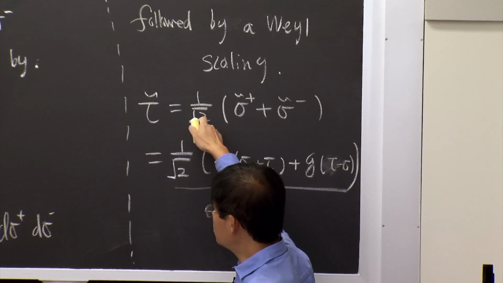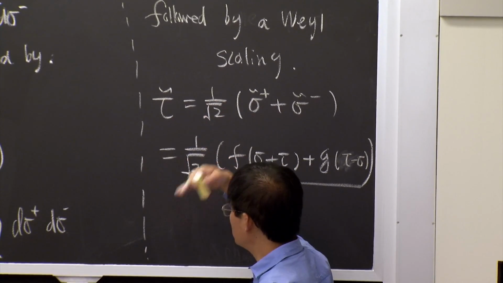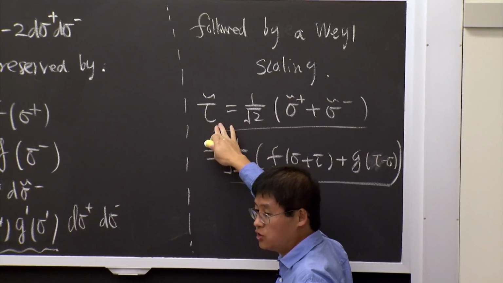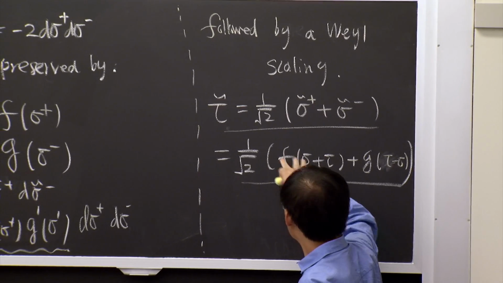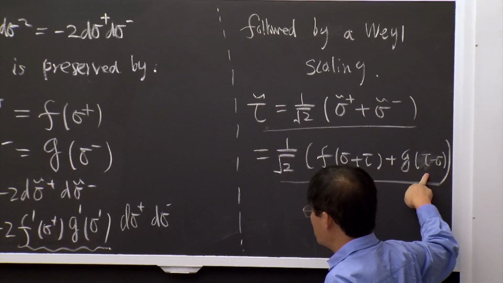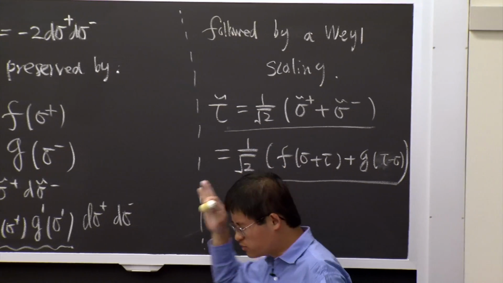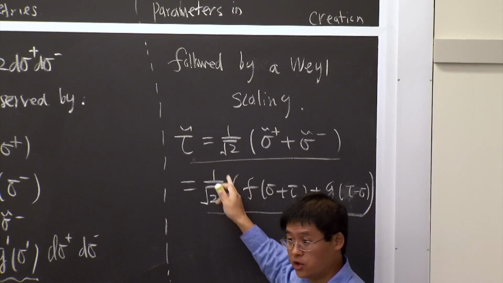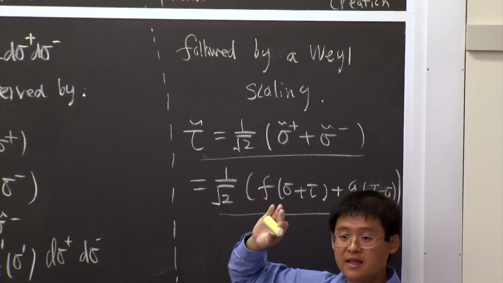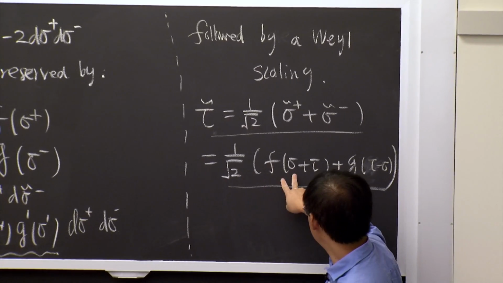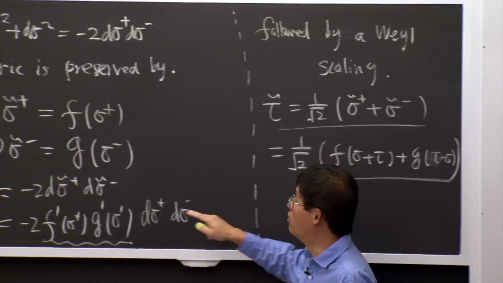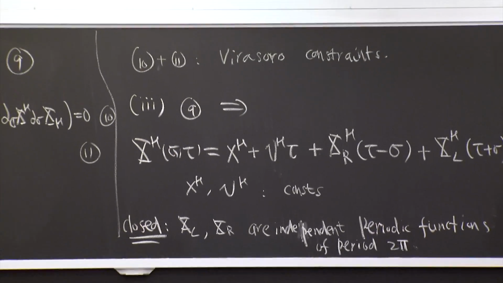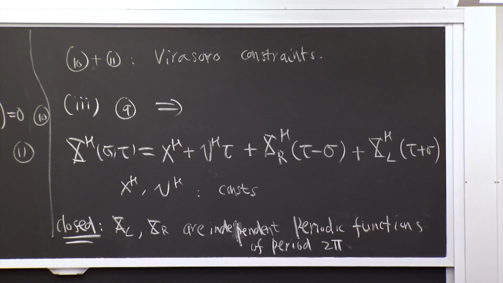In these new coordinates, you are allowed to make this kind of coordinate change. The residual degree of freedom means we are allowed to make this kind of coordinate change. And you see, this is precisely the combination of this form: a left moving wave plus a right moving wave.